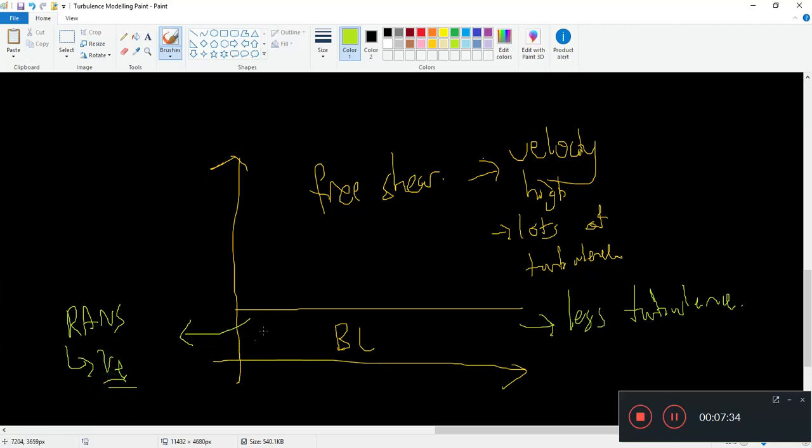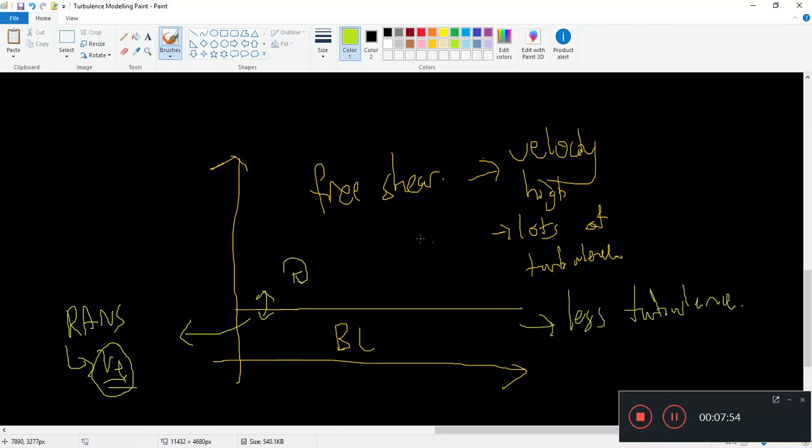Now the thing is, as you transit from the boundary layer region to the free shear region, suddenly your turbulent viscosity is supposed to transit into actual eddies.